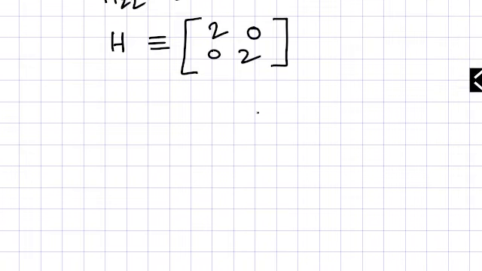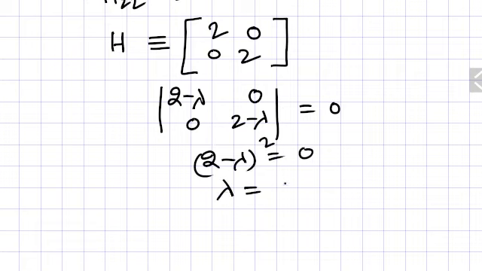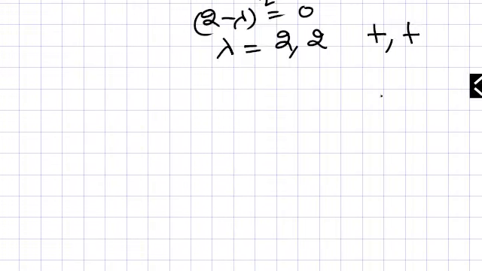Now find its eigenvalue. Determinant of 2 minus lambda 0 0, 2 minus lambda is equal to 0, so 2 minus lambda square is equal to 0. Then it is saying that lambda is equal to 2, or you can say positive and positive values. It means that your Hessian matrix is positive definite at these particular points.